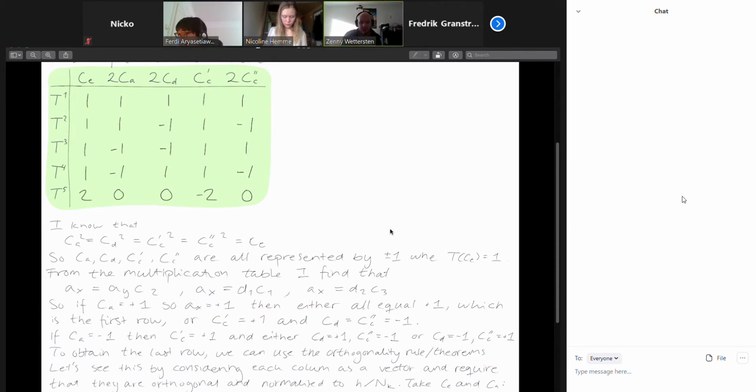C double dash squared should indeed be just the class of unit element in C2, because you have the multiplication C3 times C1, which is obviously unity, but you also have C1 times C1, which is C2. But the identity element and C2 are 2 different classes, right? So I agree with the table. The table is the same that I have. So the C3 is a rotation by 3 pi upon 2, right?